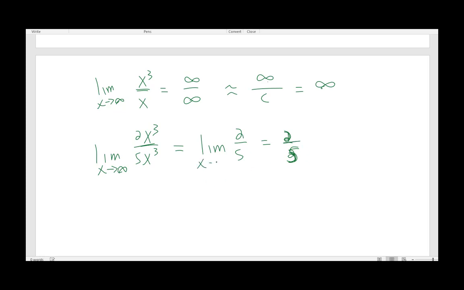Now, if we think in terms of growth, like which one gets there faster, obviously they're going to get to infinity at about the same rate. The cubic and the cubic grow at roughly the same rate. So neither of them gets there before the other one. So that's why we get this constant ratio.